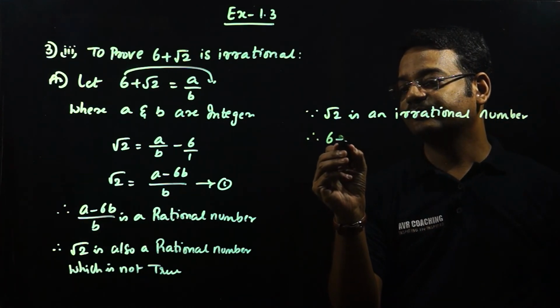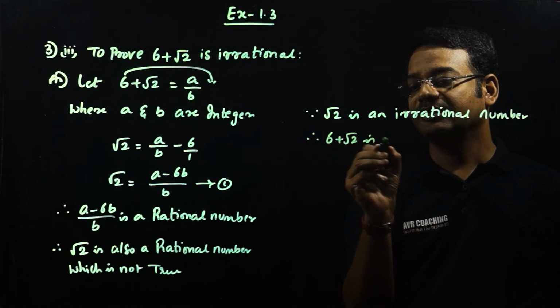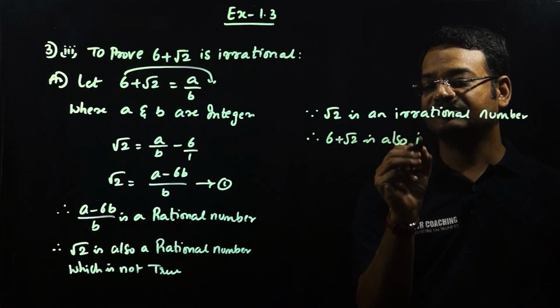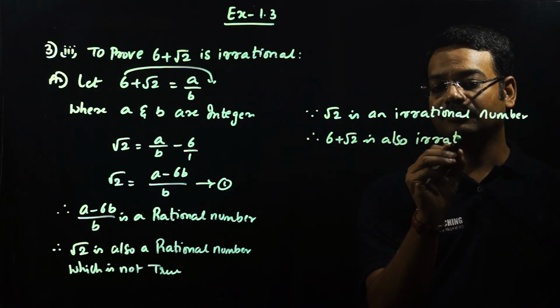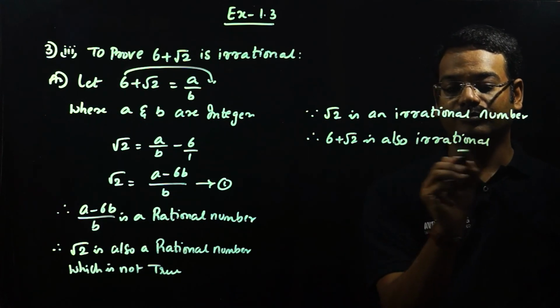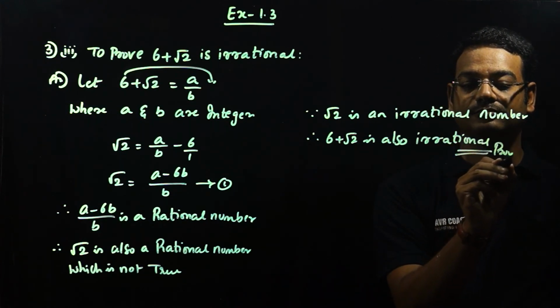Therefore 6 plus root 2 is also irrational. Proved.